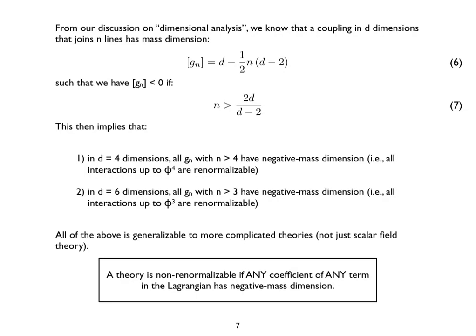So what does that mean? In the two cases we're interested in, namely d equals 4, all g_n with n greater than 4 have negative mass dimension. That's the case I just showed there. In the case of 6 dimensions, any couplings with n greater than 3 have negative mass dimension. That's why when we write down this phi cubed theory, we haven't been writing down phi to the 4th terms, because those are non-renormalizable in this 6-dimensional case.